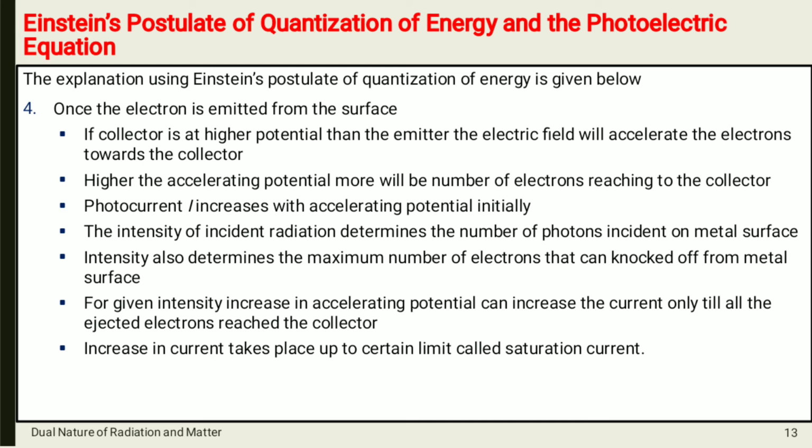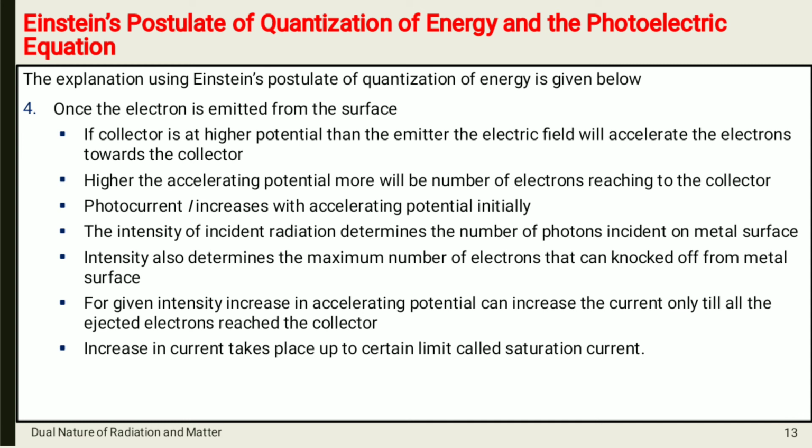For a given intensity, an increase in accelerating potential can increase current only till all the ejected electrons reach the collector. Means if we have increased the collector potential, then the accelerating potential can increase the current only till all the ejected electrons reach the collector.